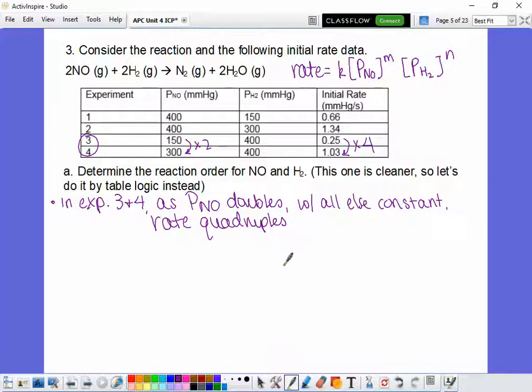Or if you can't remember the word quadruples in the heat of the moment, the stress from the exam, you could say multiplies by 4. So therefore, what order of reaction is it for NO? Second order.